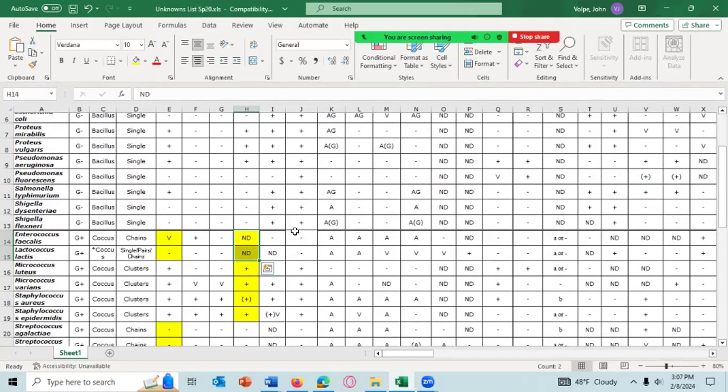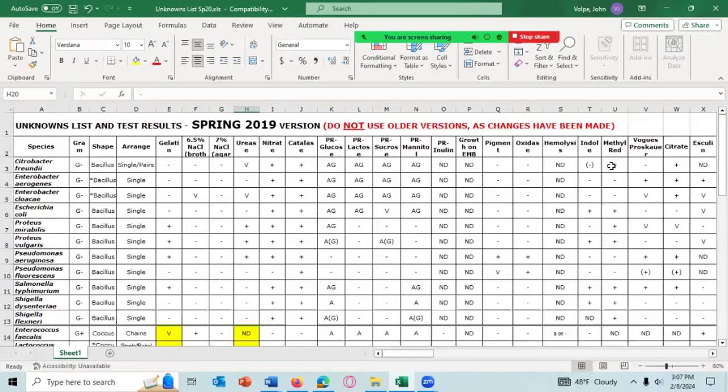Yep. All right. So when you're including the pluses here, you must include the ND also. And the same with the negatives. When you're considering the negatives, you must consider the ND as a potential negative. Some of these tests are not ever used on any of the species, like actually both of these, PR inulin and the growth on EMB.